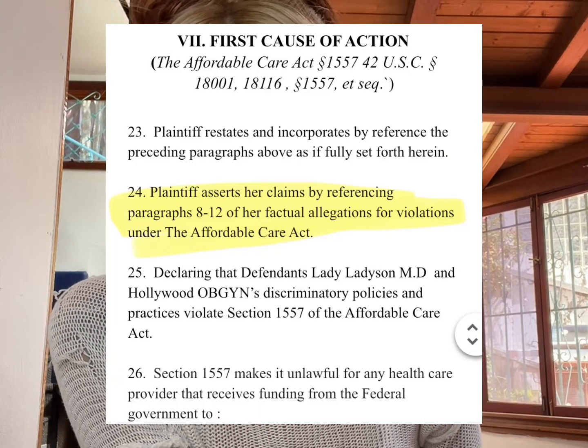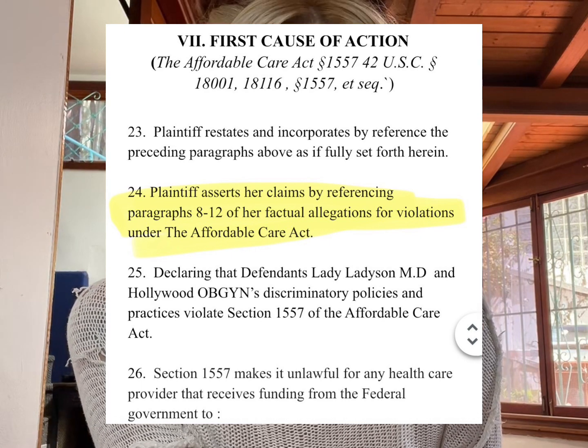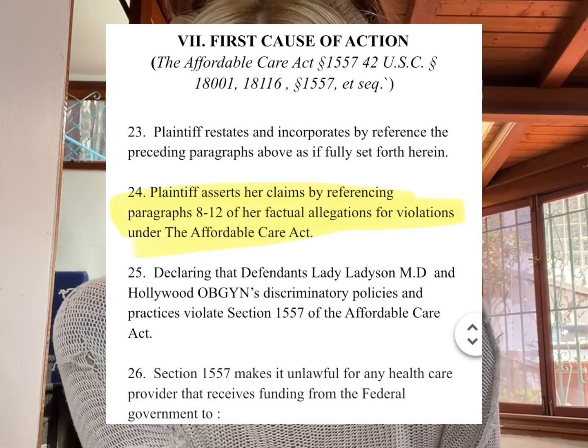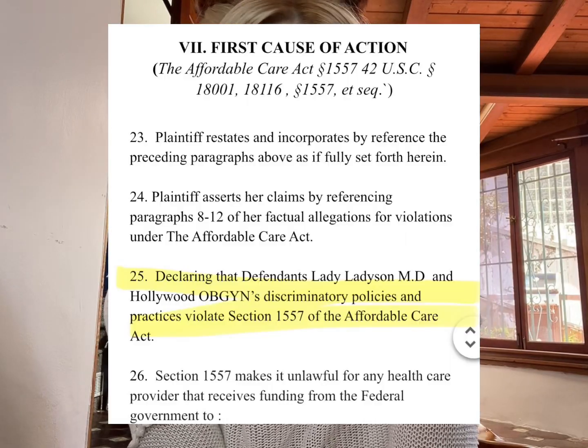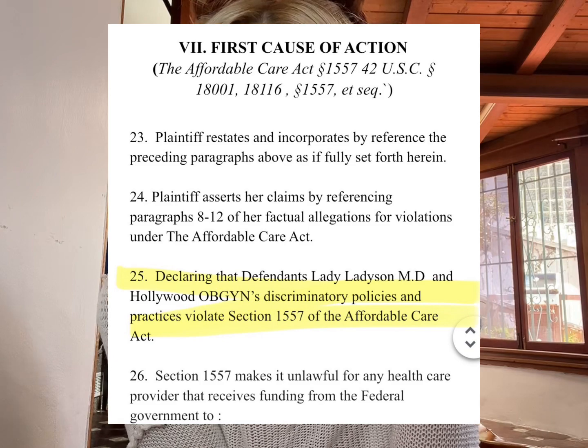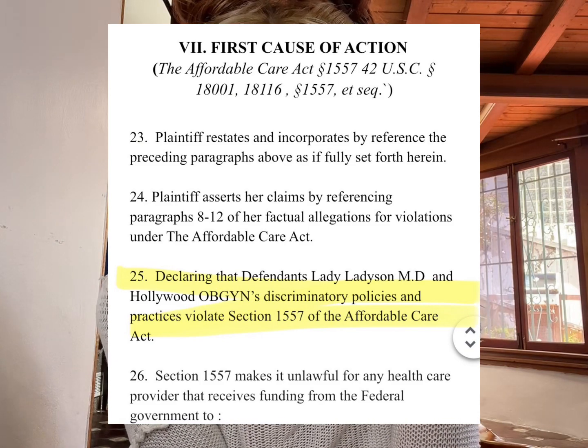So your next line could be something like, "The allegations contained in paragraphs 2 through 4 constitute discriminatory policies and practices that are unlawful pursuant to the Affordable Care Act, Section 1557." This whole thing is going to feel real repetitive because it is. Your next line: "The discriminatory policies and practices of Lady Ladyson MD and Hollywood OBGYN violate Section 1557 of the Affordable Care Act."